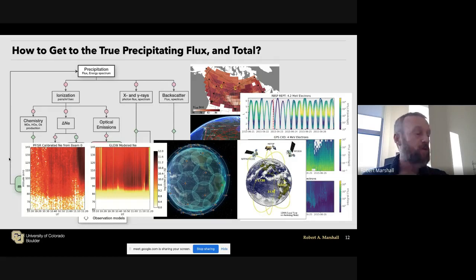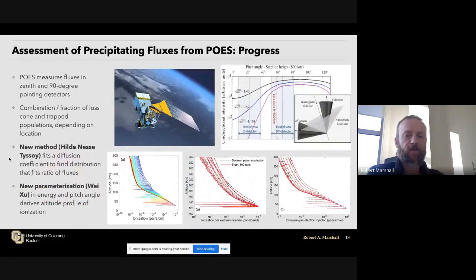And then we do a forward model given an assumed precipitation flux and spectrum and try to get it to match the radar observation. So far, the match has not been spectacular for reasons I won't get into today. So those are some of the methods that we could use and/or combine to improve these measurements.